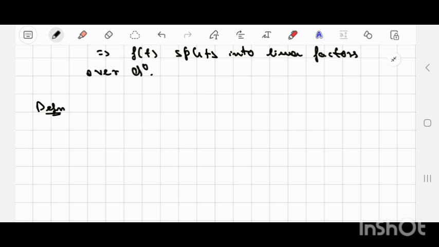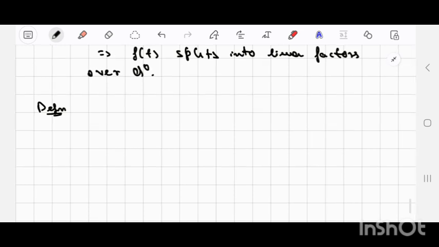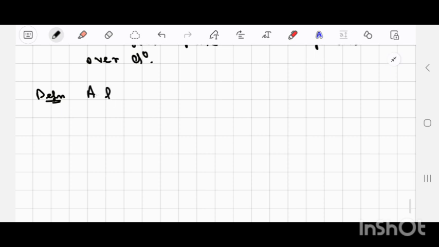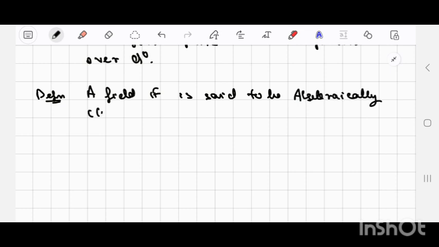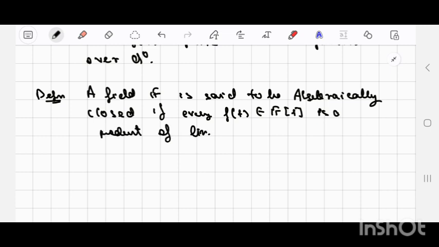Okay, so let's come back to what we were trying to discuss. So this brings us to the following definition. So a field F is said to be algebraically closed if every polynomial in F[t], that is over F, is a product of linear factors in F[t].